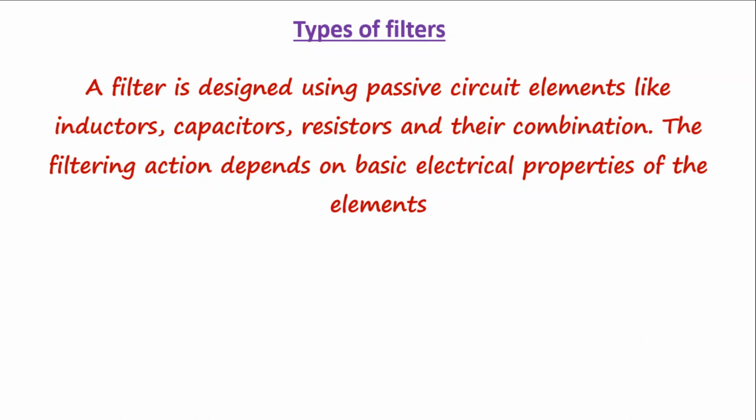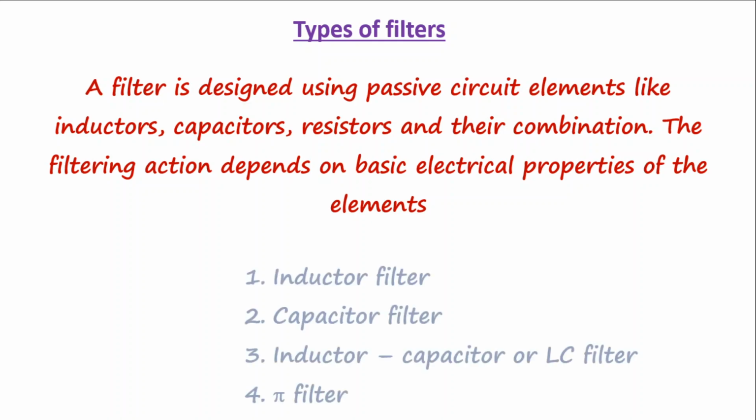Now there are mainly four types of filters that we'll be discussing here. The first one is the inductor filter, the second one is the capacitor filter, the third one is the inductor capacitor filter, or we call it the LC filter, and the fourth one is the pi filter.